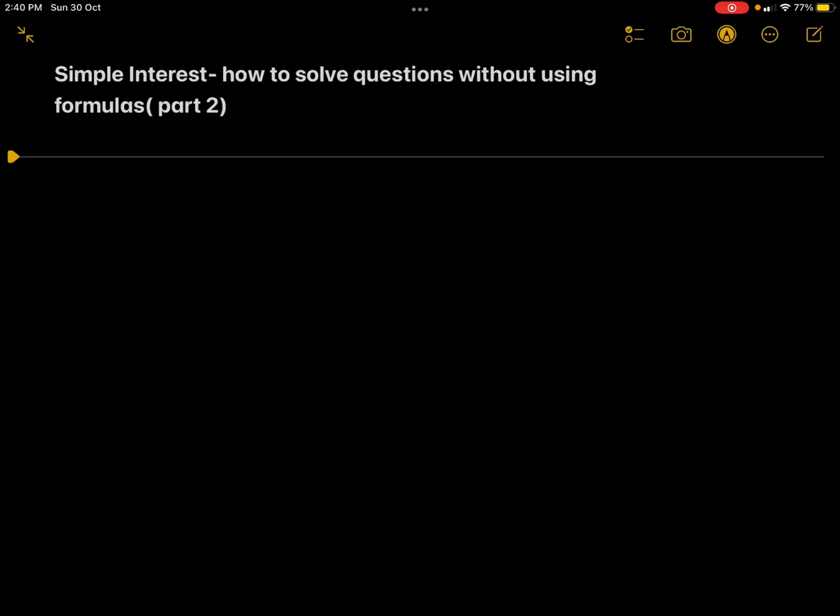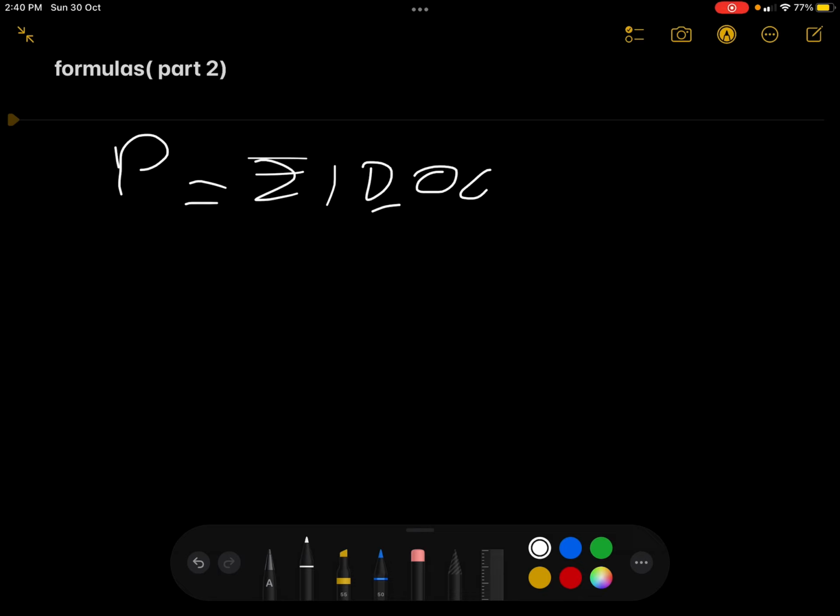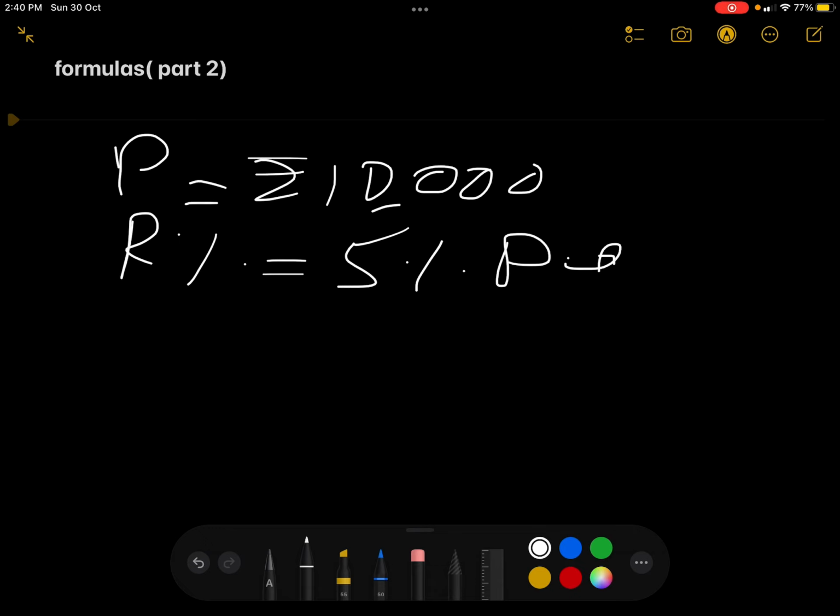Alright, now let's start. Let's take it that the principal, which is the money that is borrowed, is rupees 10,000. And let's say that your rate, which is the extra money that's charged on the principal when you are collecting it back, is 5% per annum.